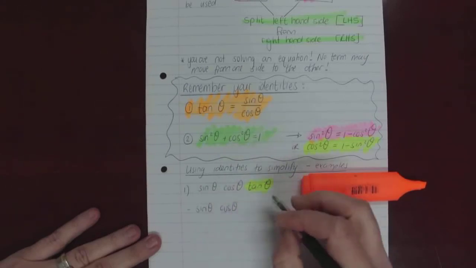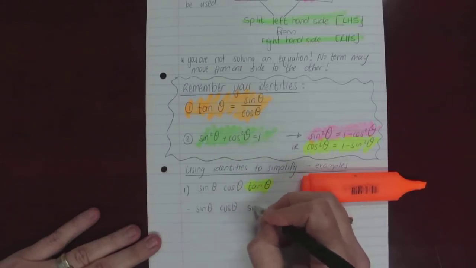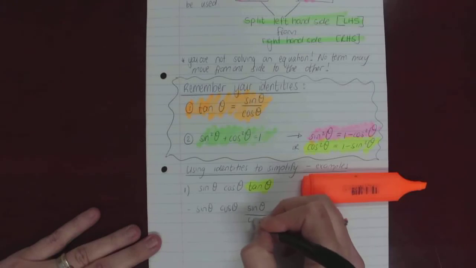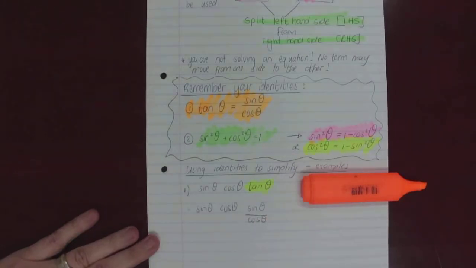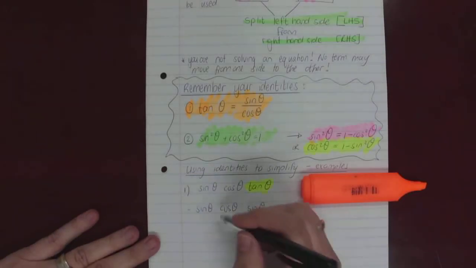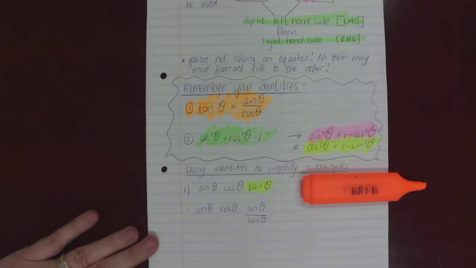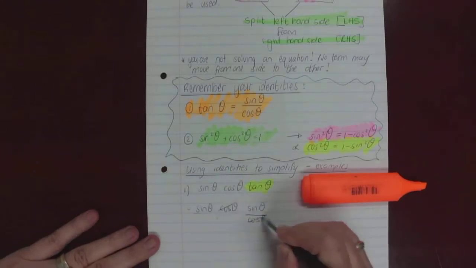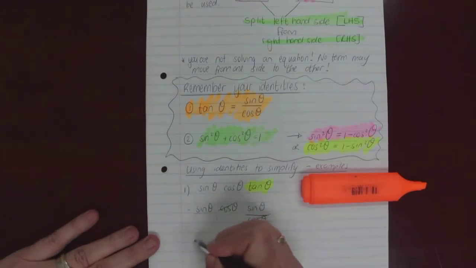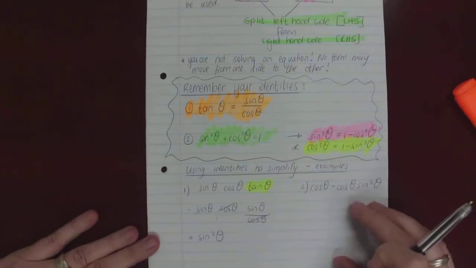And I can write tan theta as sine theta over cos theta. Okay, so that means sine theta cos theta, all of it over 1. I'm able to cancel out cos theta, and my answer is then sine theta times sine theta, which is sine squared theta.